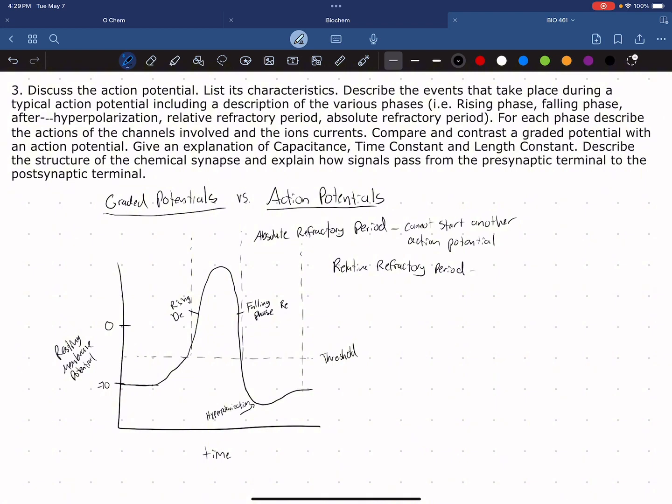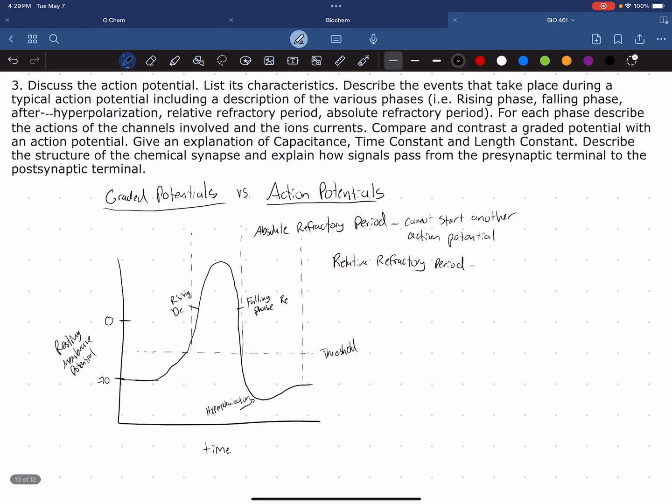And in this section, there can be another action potential that is started, but it will take more of a stimulus because we see the value coming down here in this hyperpolarization. It's going to take a lot more for that action potential to begin, for it to reach the threshold.